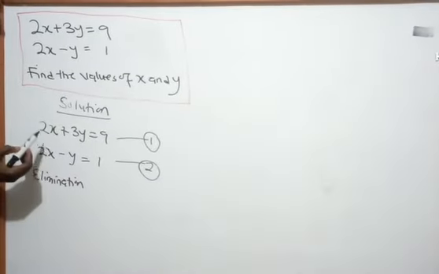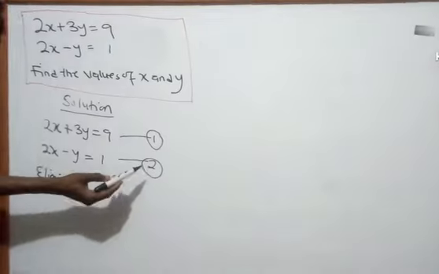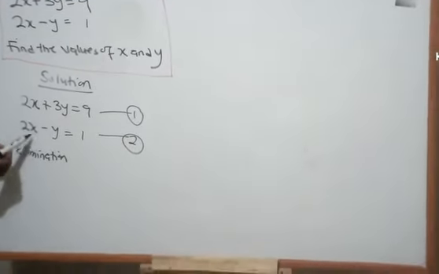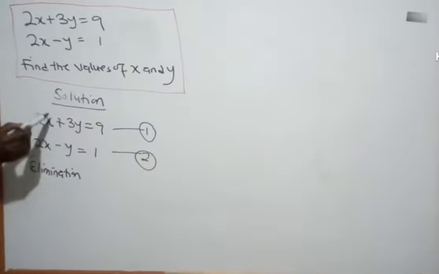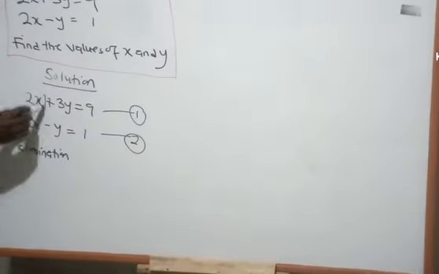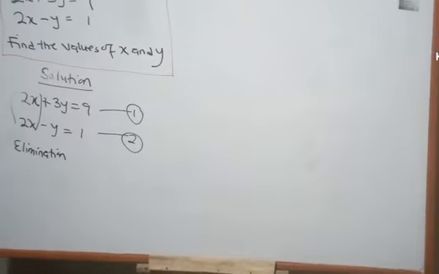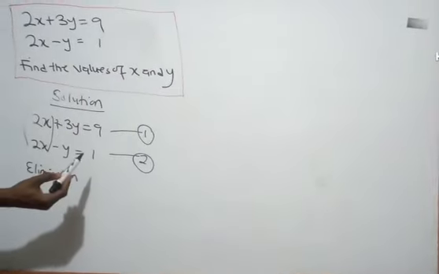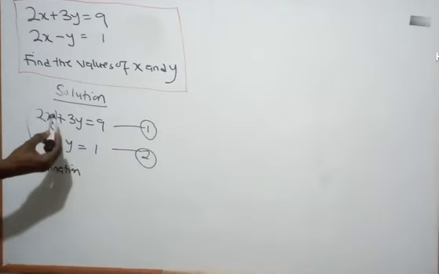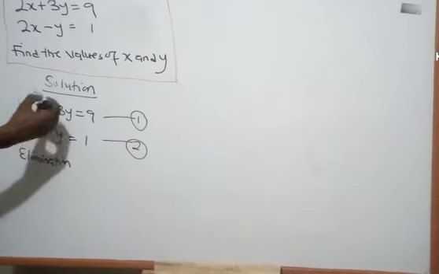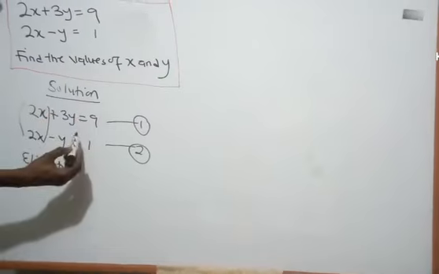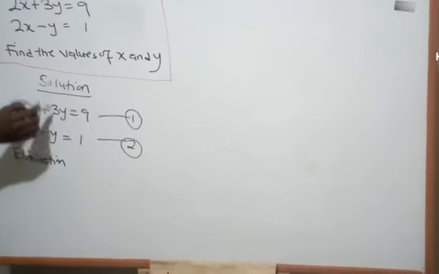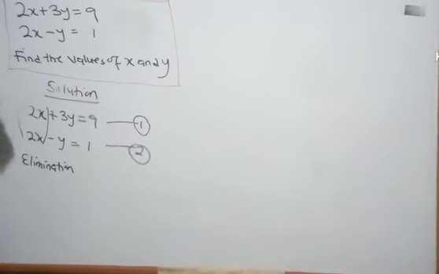And if we are going to say equation 1 minus equation 2, meaning this 2x minus this 2x will give us 0, which means that we'll be able to eliminate this one. So basically that's the elimination method. You look through the two equations and see which one can you subtract from the other, or which one can you add to the other, and it will eliminate one of the variables while you concentrate on the other variable at that moment.